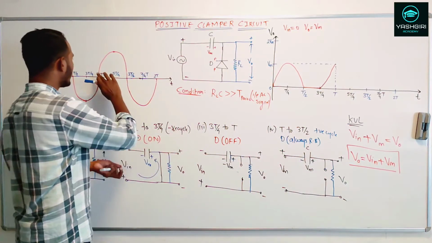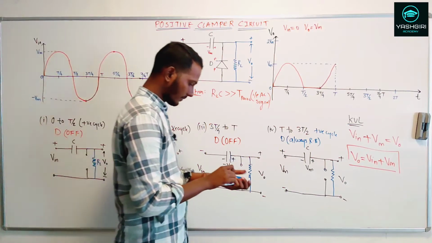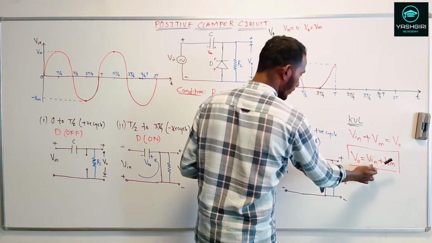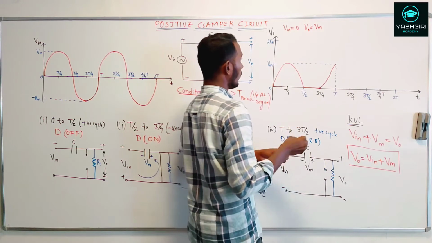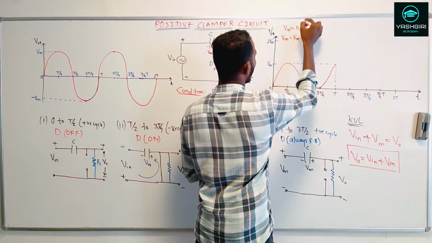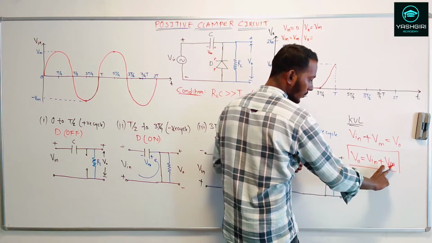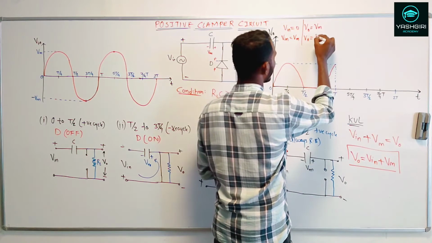Now once I get to this point, when I substitute V input equal to Vm, V out is equal to Vm plus Vm, that is twice the Vm.